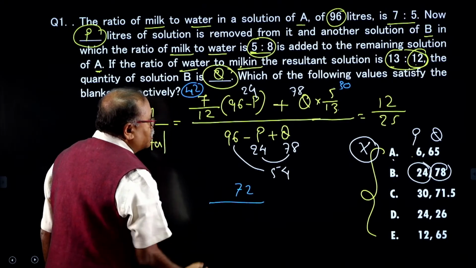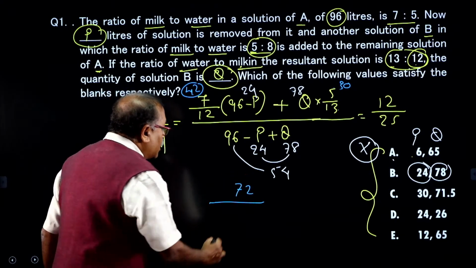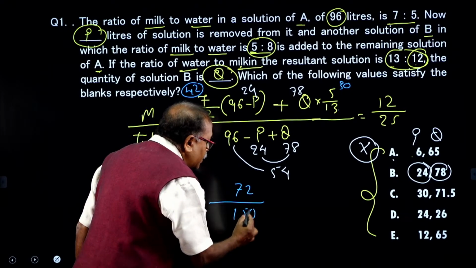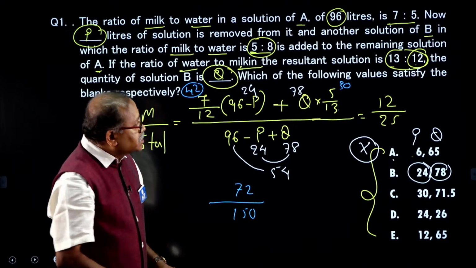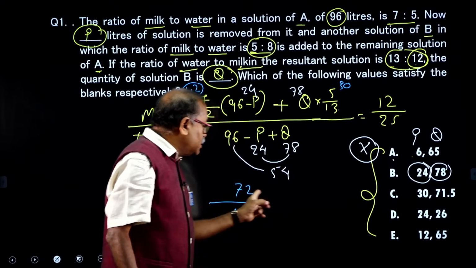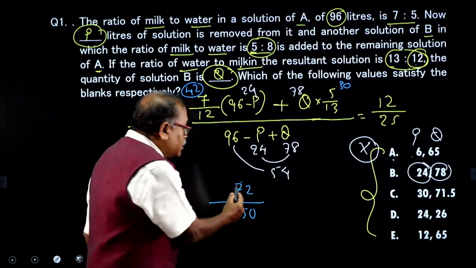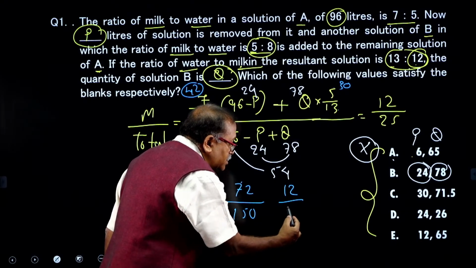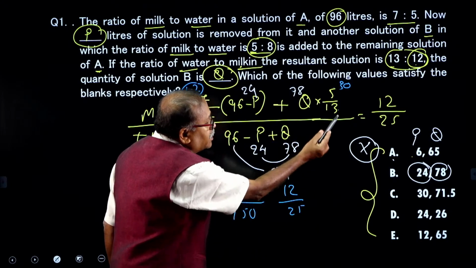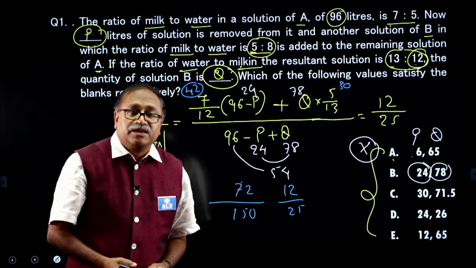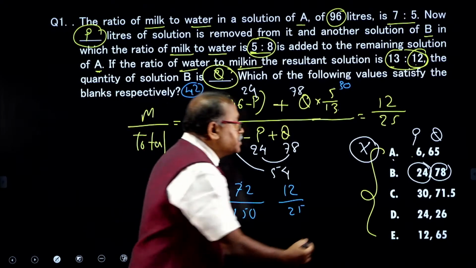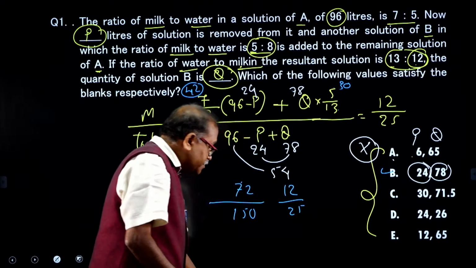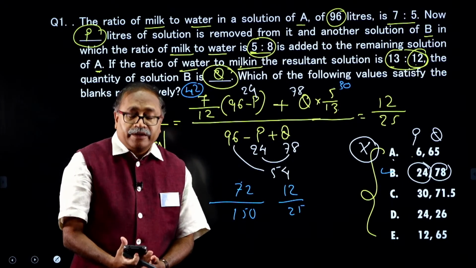And what comes in denominator? In denominator I am getting 150. Is this number getting cancelled? It comes 72, it is getting cancelled by 6. With 6 this gets cancelled 12 times, and with 6 this gets cancelled 25 times. So, right hand side is equal to left hand side. Therefore, option B is correct here. Option B.